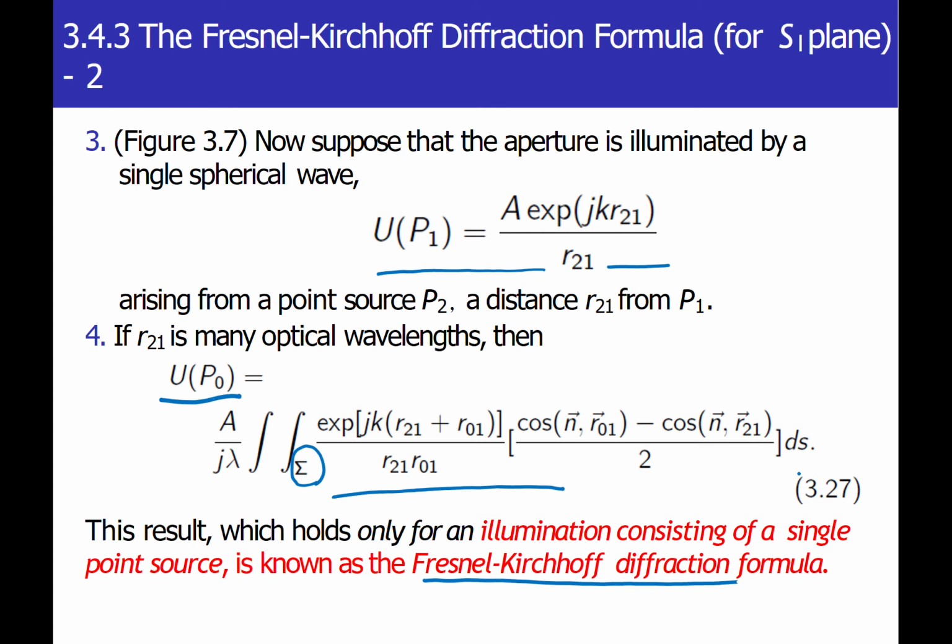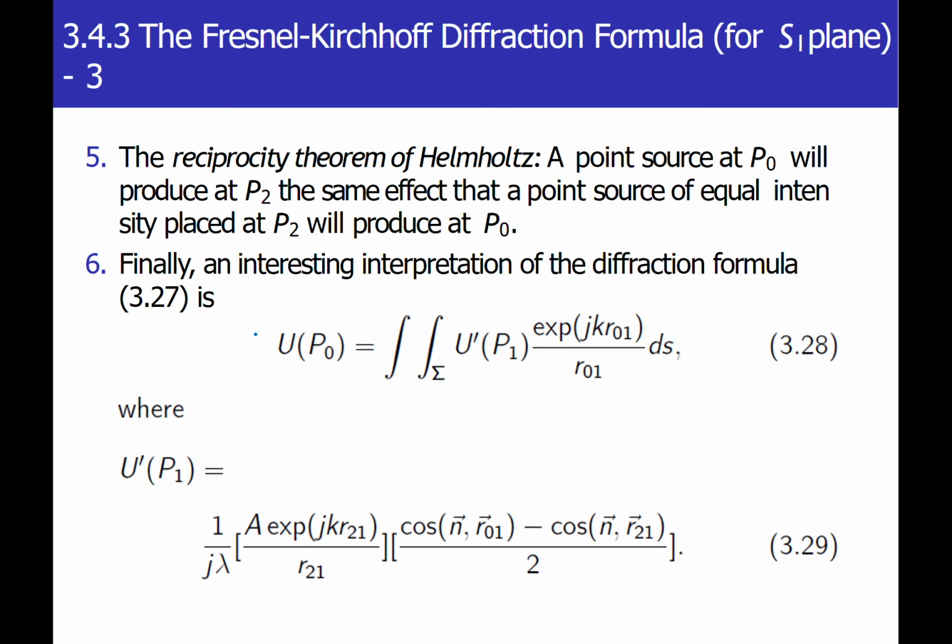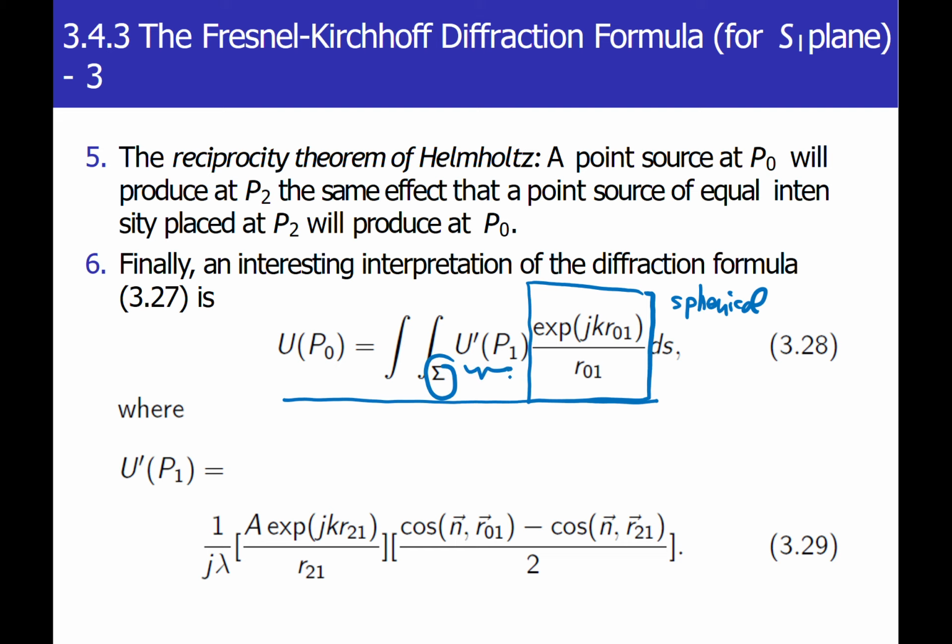This 3.27 can be interpreted as this one. So our scalar field is actually, note that this is the spherical wave, which starts from the aperture, and this is the amplitude on the aperture. Okay.